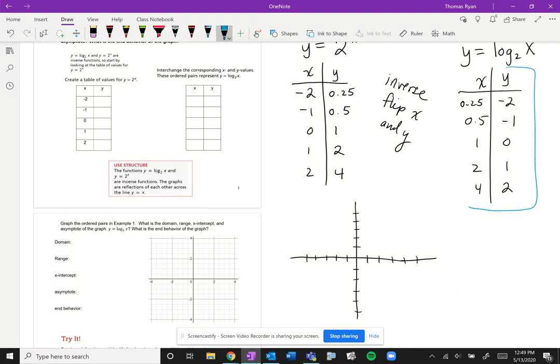So what we want to do is graph, because we want to think about, well, what are the general features of logs? So we go to 0.25, -2; 0.5, -1; 1, 0; 2, 1; and 4, 2. And you can really see this arc, this curve start to take shape.